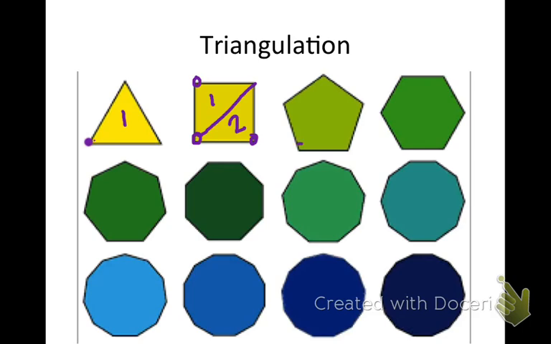Moving on to the pentagon, you would draw two diagonals and 3 triangles are formed. Hexagon forms 4 triangles. Here we get 5 triangles.